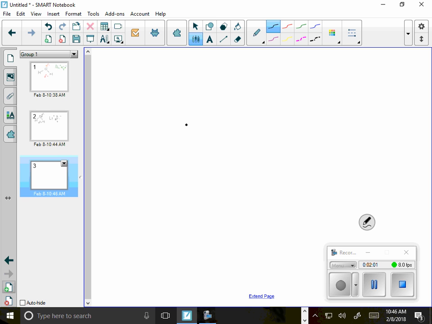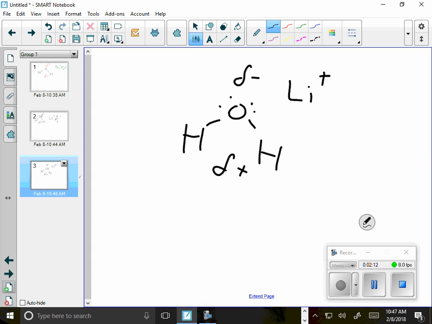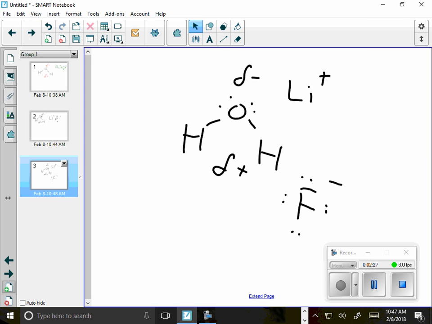So the lithium part would be attracted to the partial negative of the oxygen on water. The fluoride part would be attracted to the partial positive, the hydrogen end.